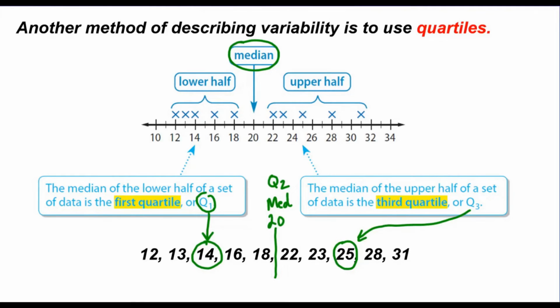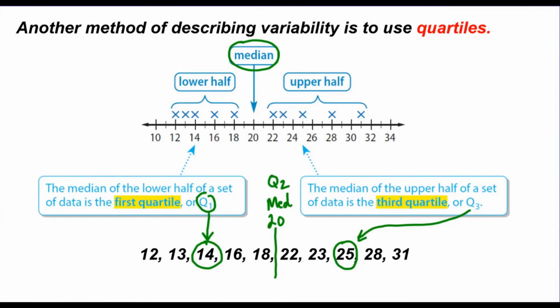So what this does is it gives us a little bit better idea about how most of our data is spread out. Because when you just use the range to describe how spread out your data values are, it can be misleading, because if you just have one extreme value, one really high value in your data set, that's going to make your range seem very, very big, and it's going to make your data set seem like it's very, very inconsistent or spread out.